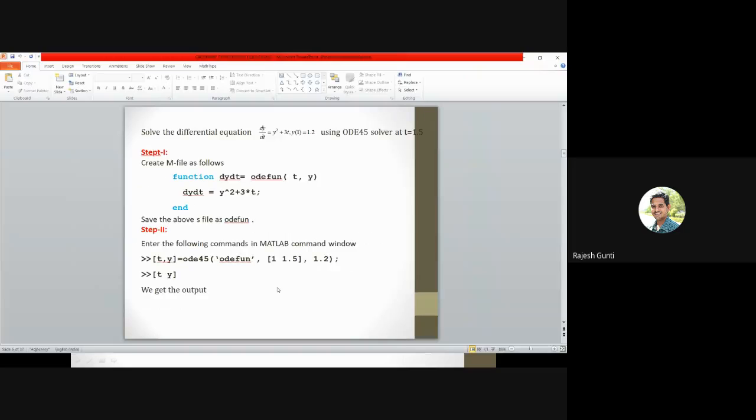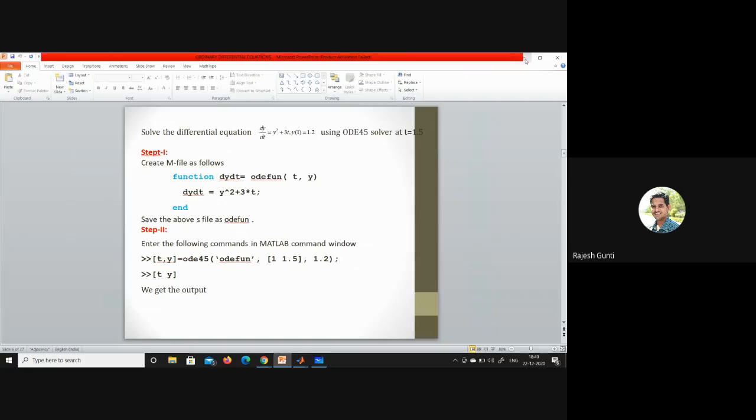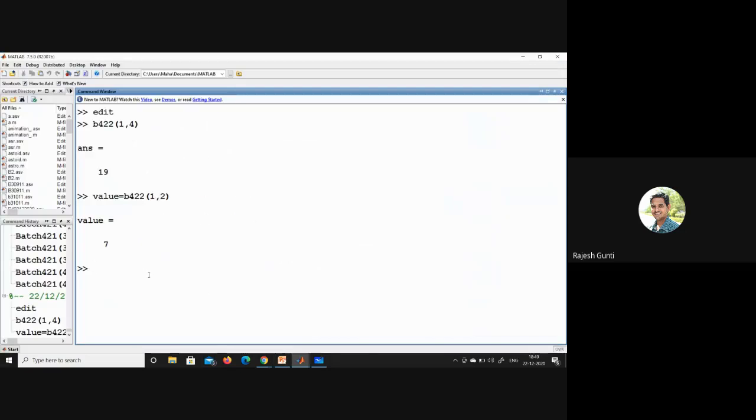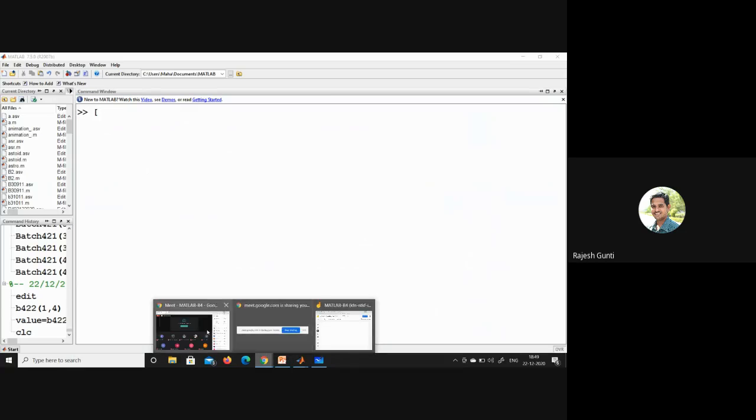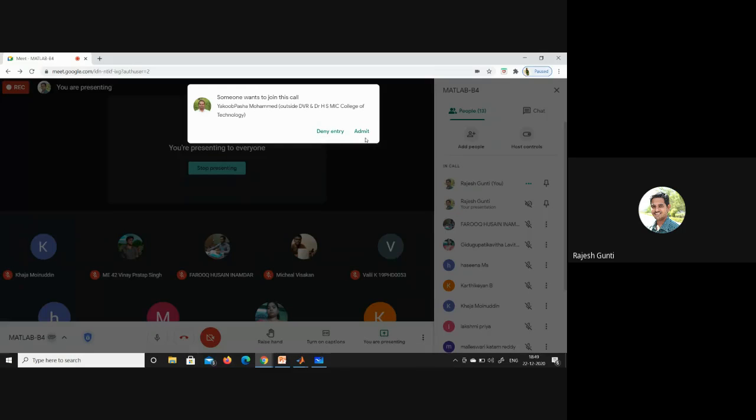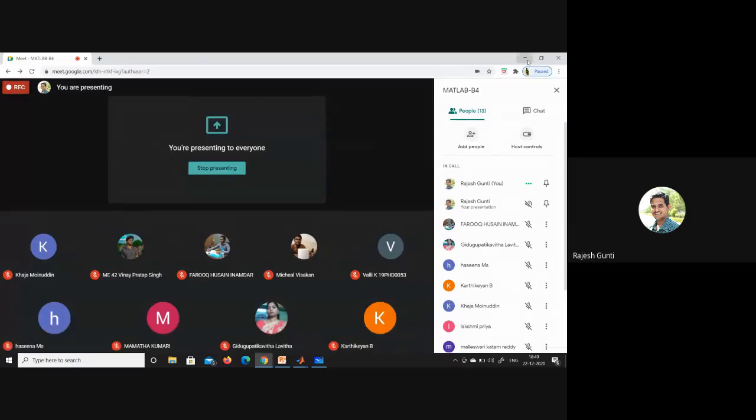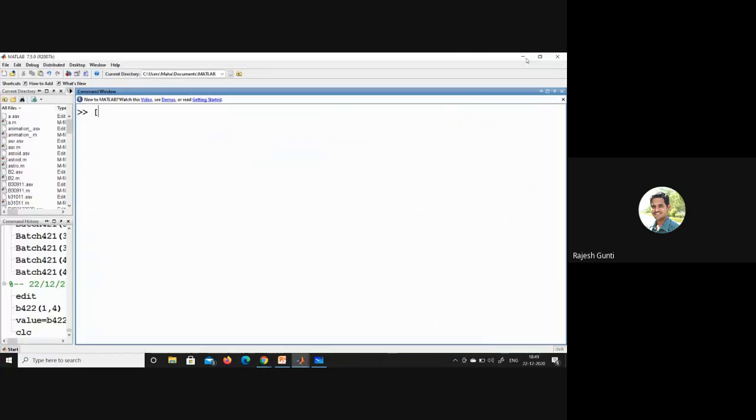We'll check it. So t comma y is equal to ODE45. That is a solver name.